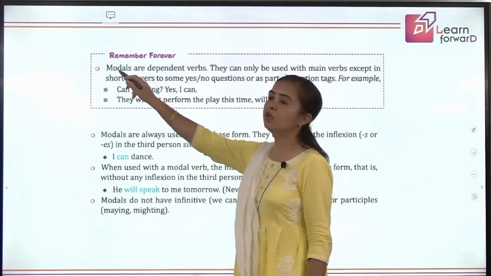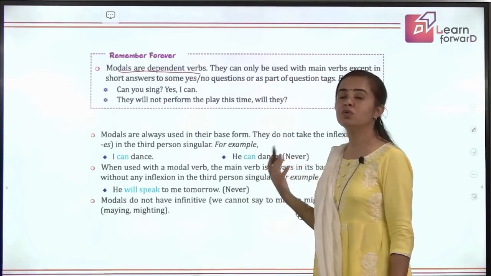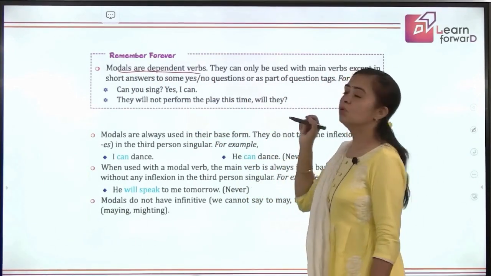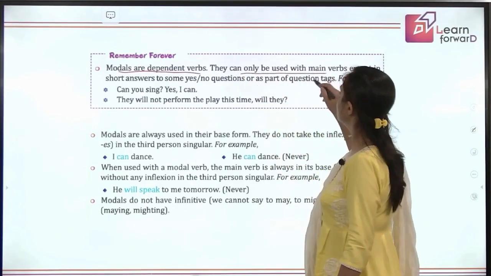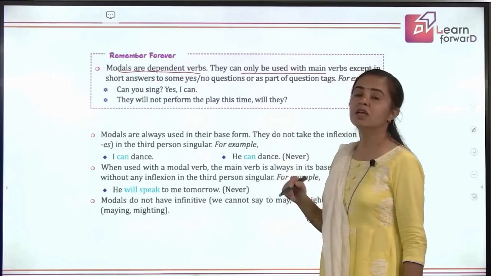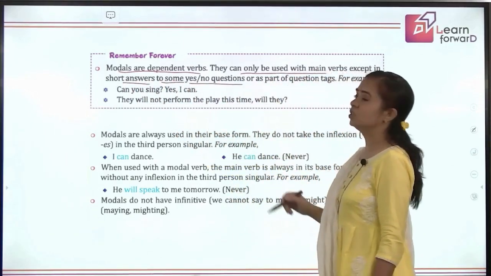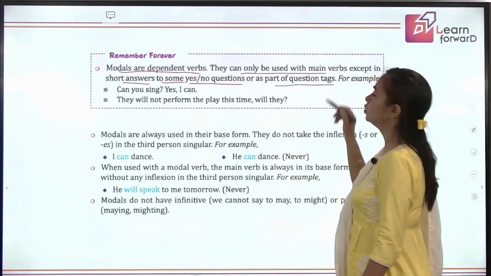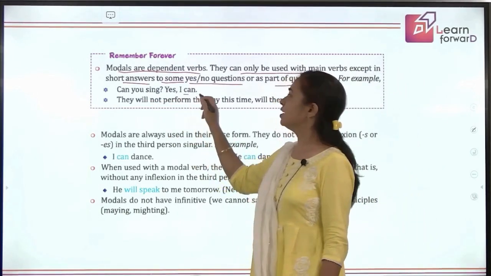Now what you have to remember is modals are dependent verbs, and whenever you use the main verb after this, you use only the root form of verb, and they can only be used with the main verbs, except in short answers to some yes-no questions or as part of question tags. Like if you say can you sing, you'll just say yes I can.